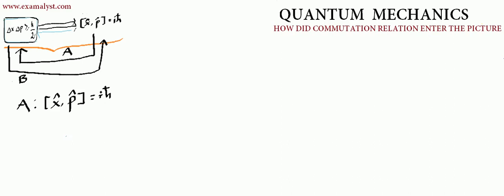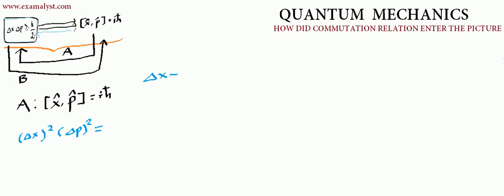So what to do first? Consider the uncertainty product, that says that any uncertainty in position, take a square of it, and if there is an uncertainty in momentum, take a square of it, this will be equal to this. Just let me remind you, what is the uncertainty in x?